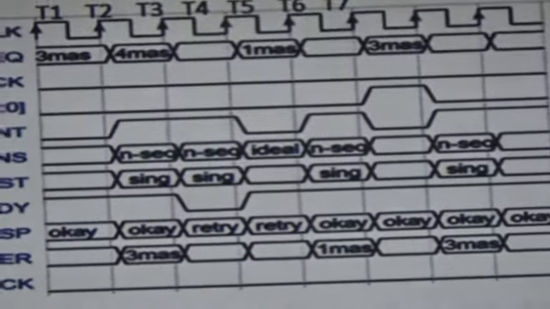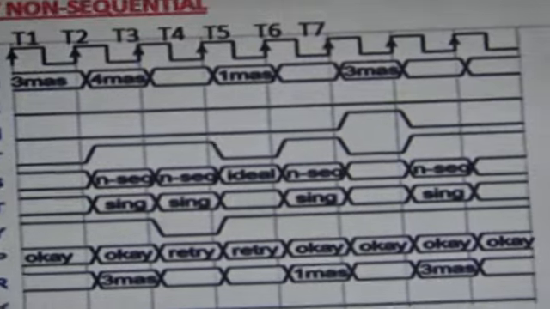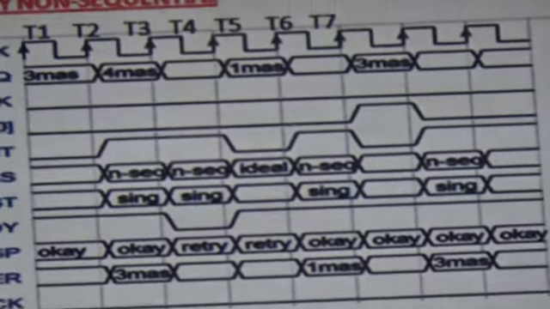The difference is that after the slave response of split and retry, in split the bus may be accessed by any of the masters, whereas in retry the bus is accessed only by the master which is in highest priority, which is the first.